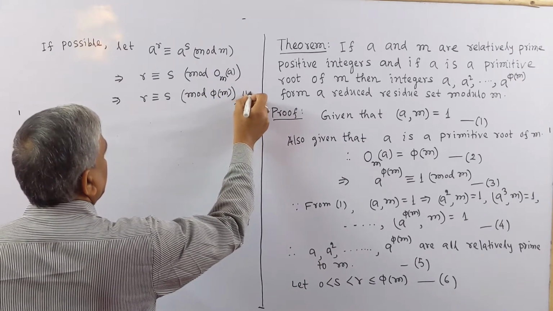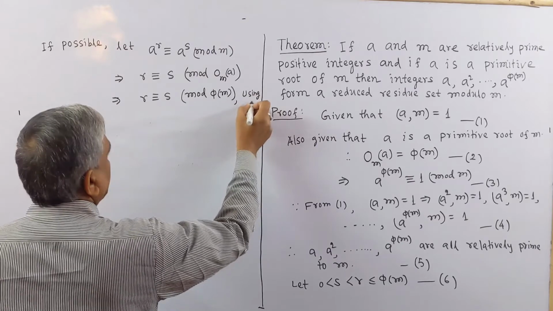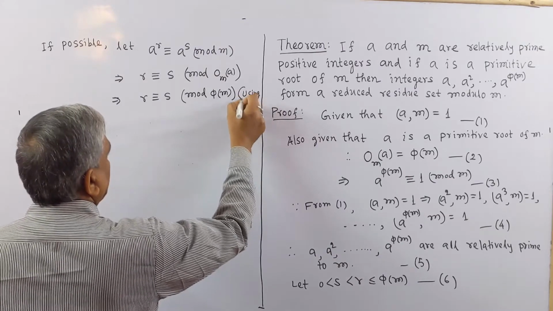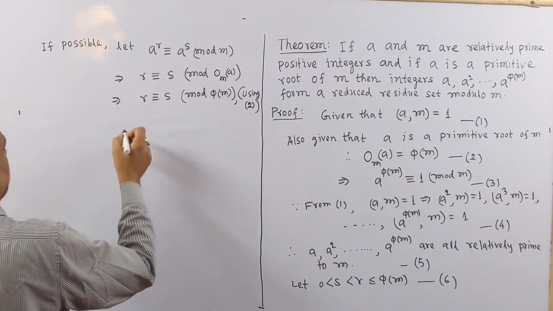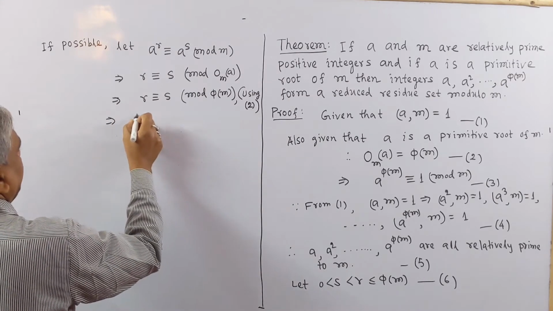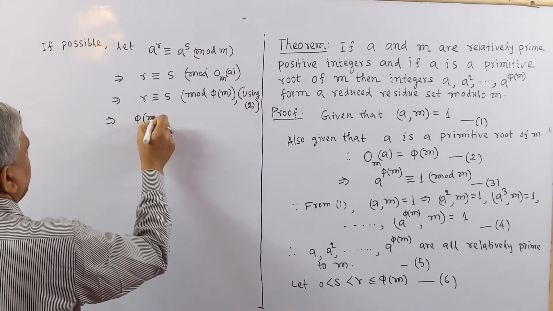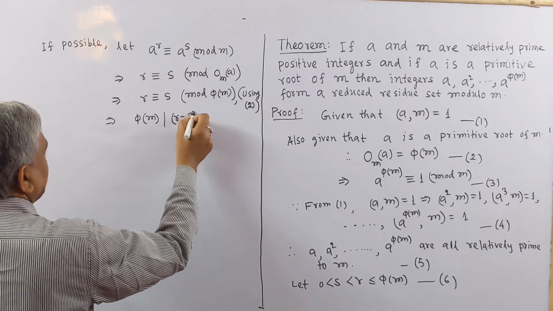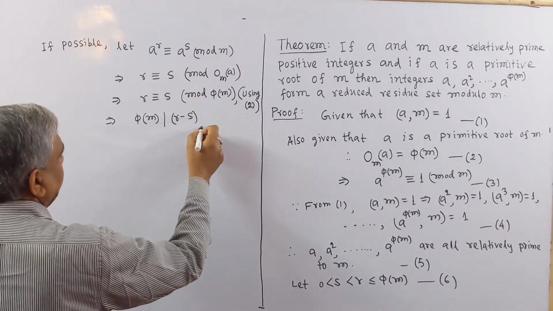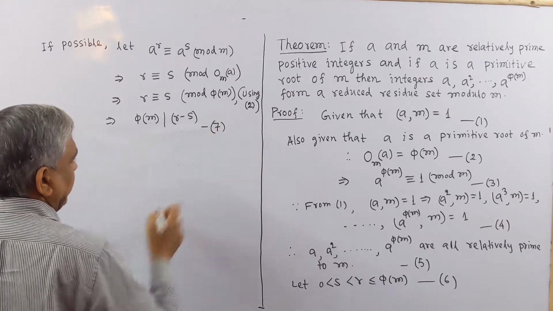Using 2, implies that phi m divides r minus s. This is number 7.